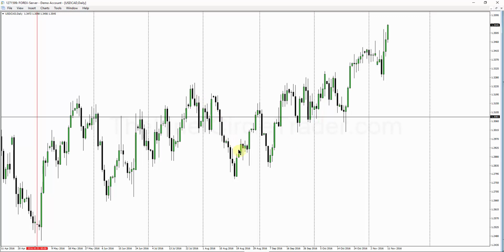You see price dipping down into that monthly open that we rounded up to 130.80. Price responds aggressively off of that. And then we have the beginning of this decline here in October.